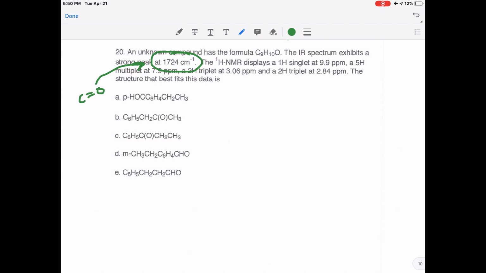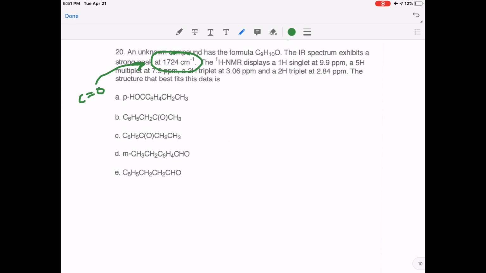So especially when you're dealing with IR problems, it's better to have a general idea of where any sort of functional group might be, instead of having precise numbers memorized, because those numbers can vary depending on the molecule and its structure. But since we have a wave number close to 1700, we know that this will have some form of a carbonyl compound.